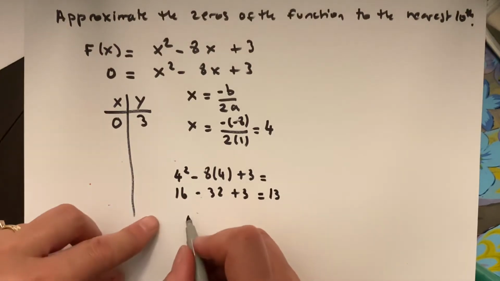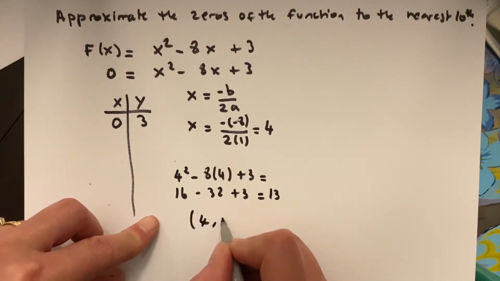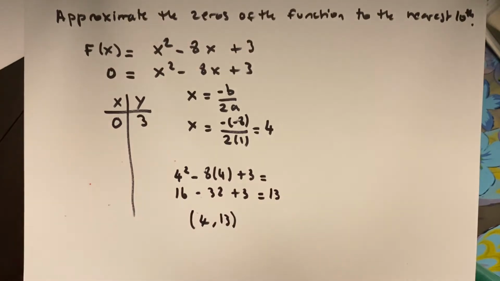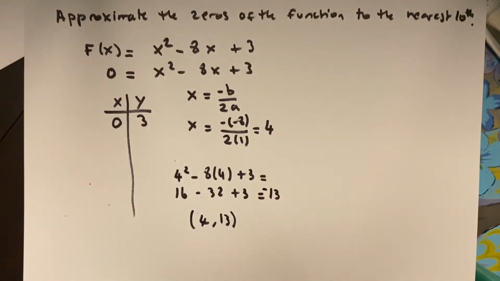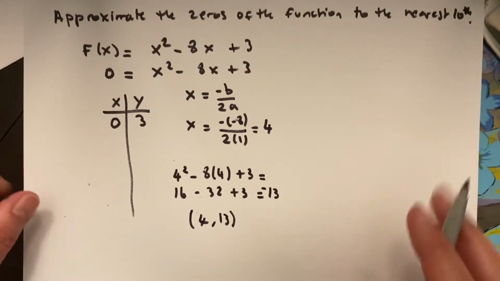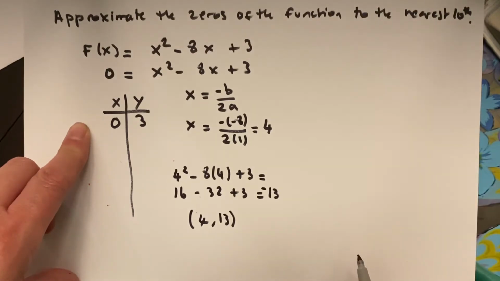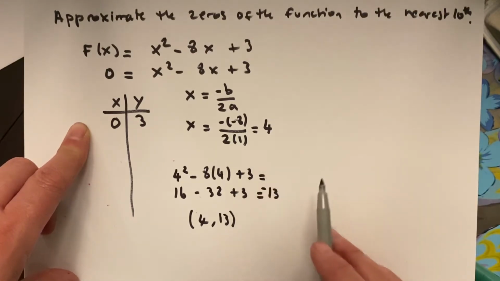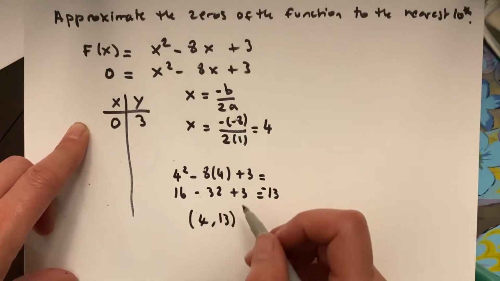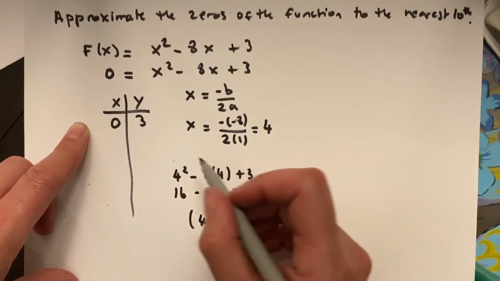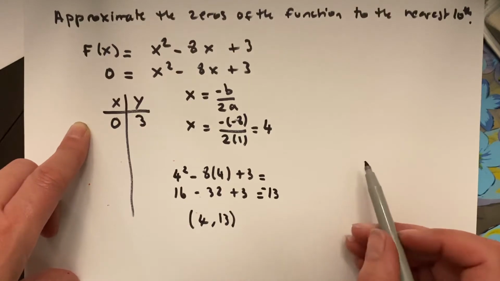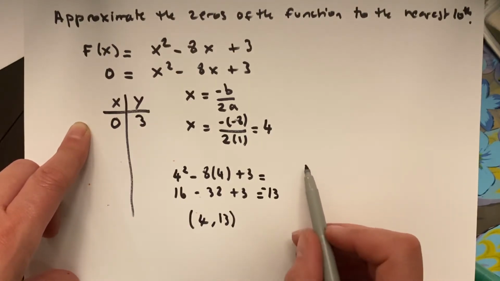So my vertex is going to be 4, negative 13, which is good that I figured this, because this means I need to graph way down there, and I need to give myself a lot of space. I should also find a couple of extra points, but let me start drawing it.